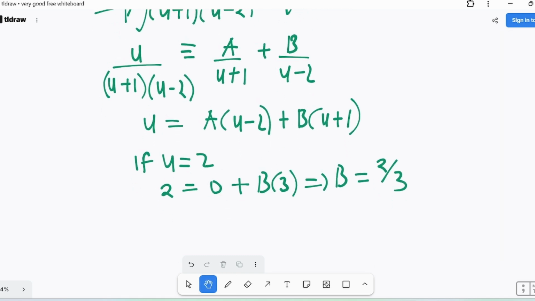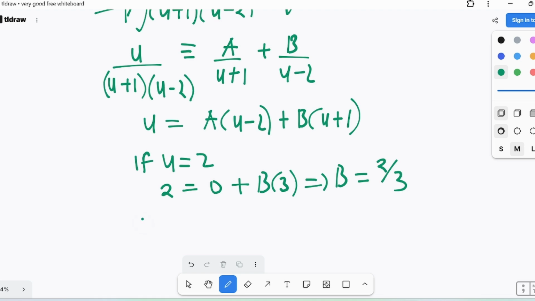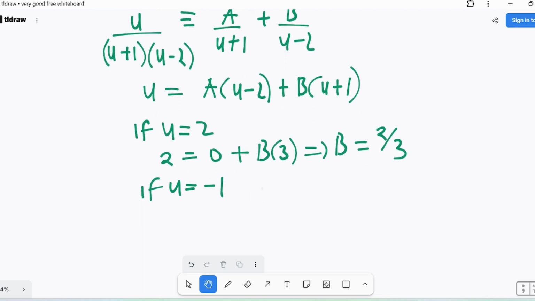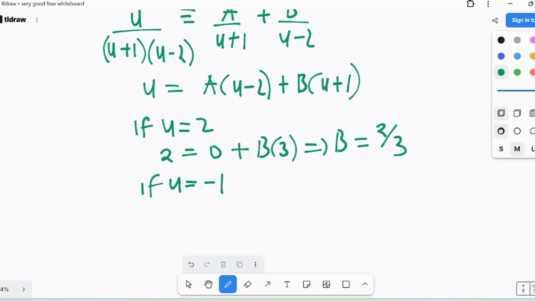That b is obtained. We go ahead and get a. If u is equal to -1, we shall have -1 is equal to a into -3 plus 0. This gives us a as a third.